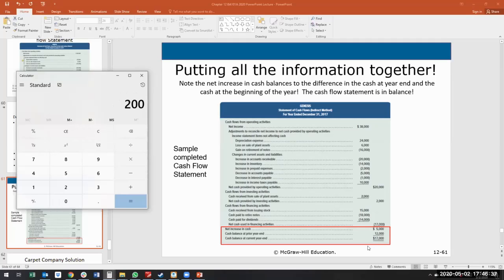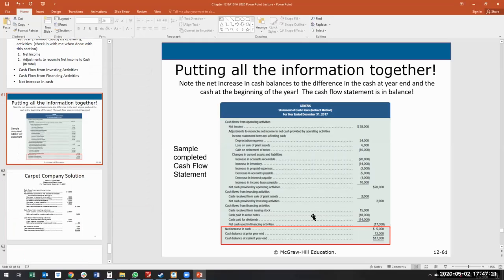So 20,000 plus 2,000 minus the 17,000 gets us back to our $5,000, which should tie. This should agree to our final balance sheet ending balance, less the balance sheet beginning balance. We know at the end that these three numbers, the 20,000, the 2,000, and the 17,000, have to equal the change in our cash on the balance sheet. If it doesn't, we did something wrong and we have to go back and check our work.